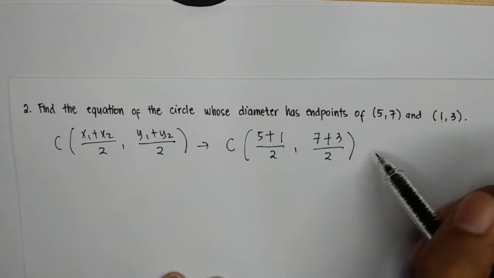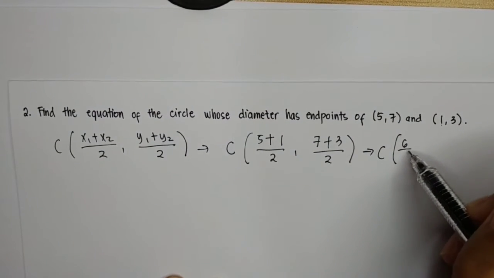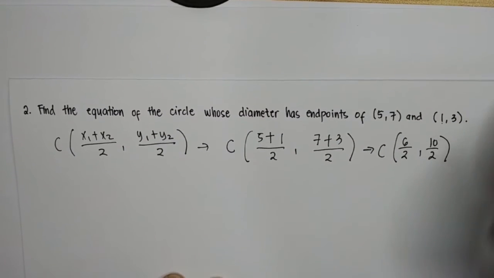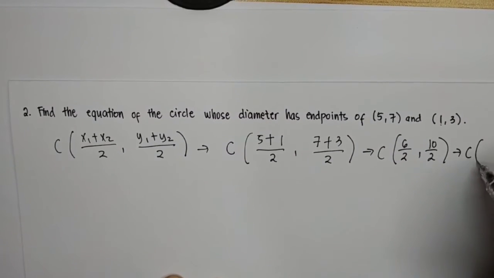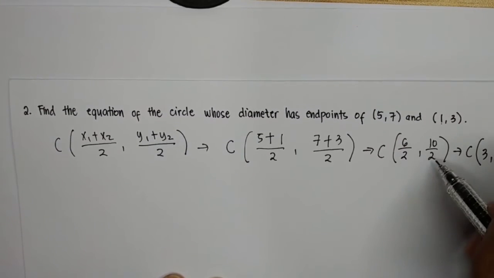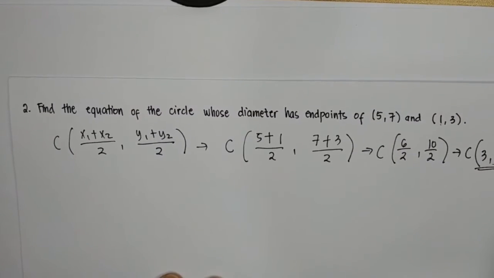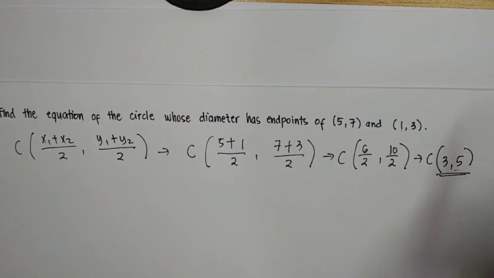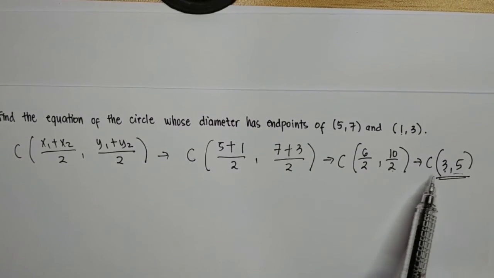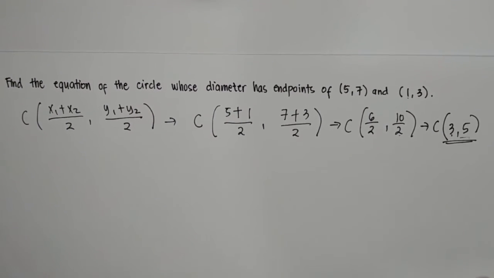So the center is 5 plus 1, that is 6 over 2, and 7 plus 3, that is 10 over 2. 6 divided by 2 is 3, then 10 divided by 2 is 5. So we now have our center, (3, 5). Then, let's solve for our radius.